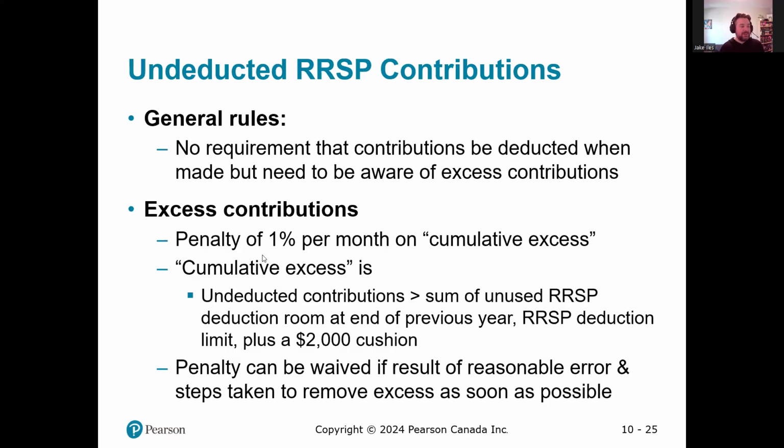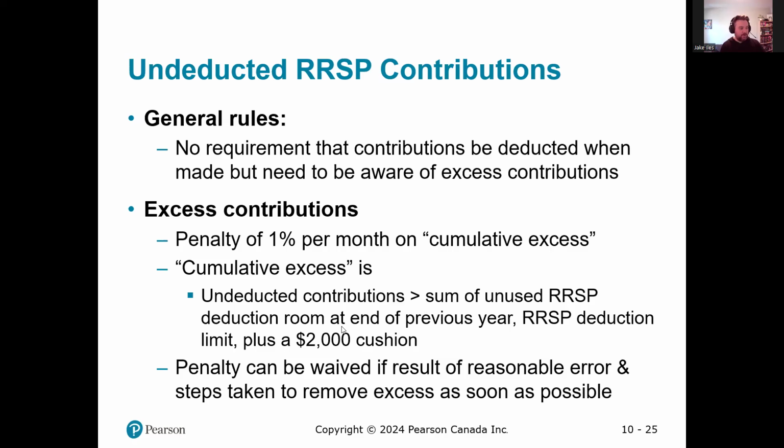So to have a penalty of 12%, it makes it very hard for that extra income in the RSP to really have any long-term benefit because the penalty is so extensive. So the 25,000 was my space, a $2,000 cushion, that $3,000 of excess contribution is charging me 30 bucks a month.